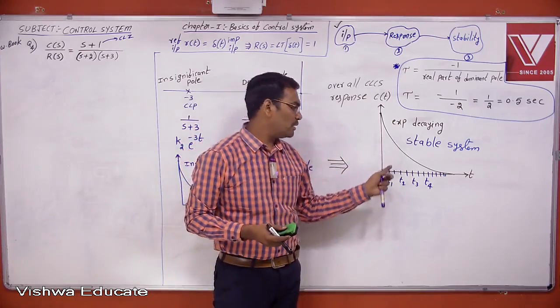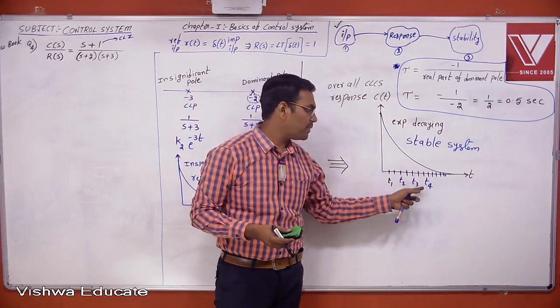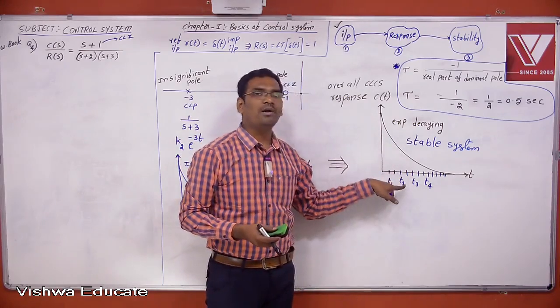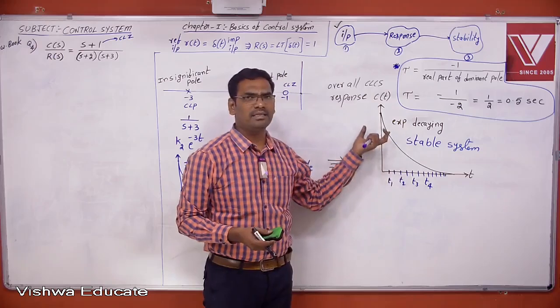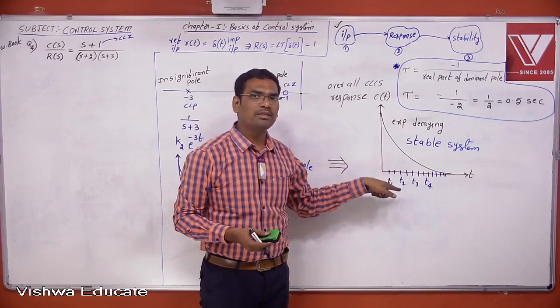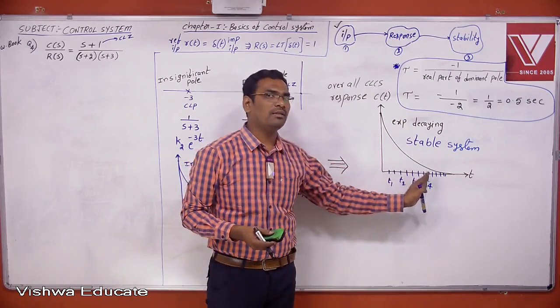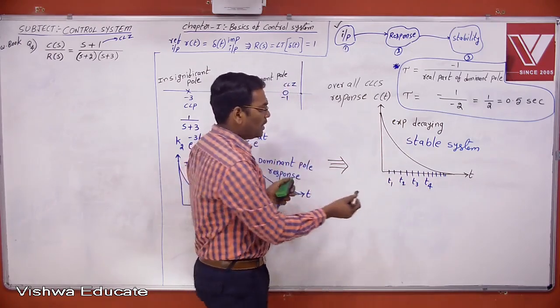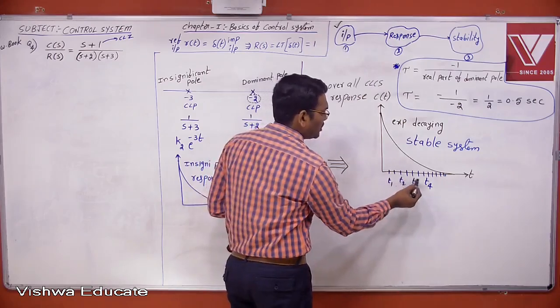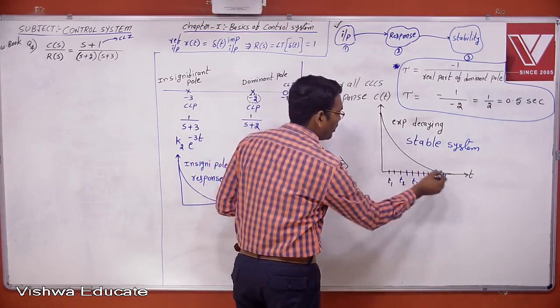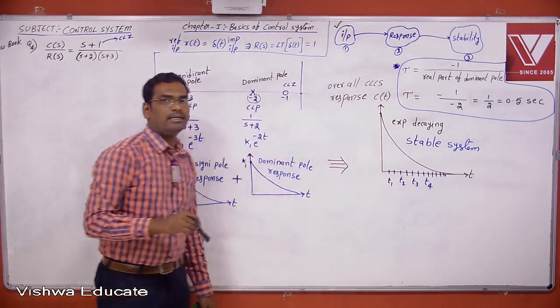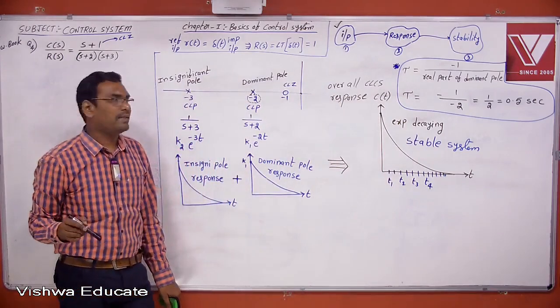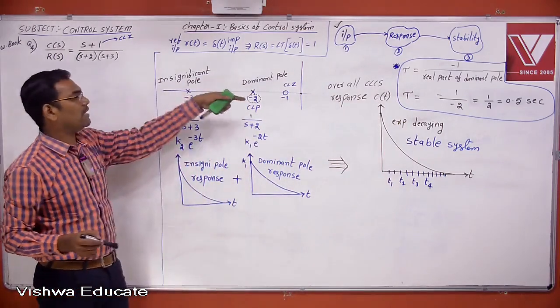If you apply the inputs on the time axis and the response follows the input with respect to time, then the system is stable. That particular response is a stable response and that particular system is a stable system.